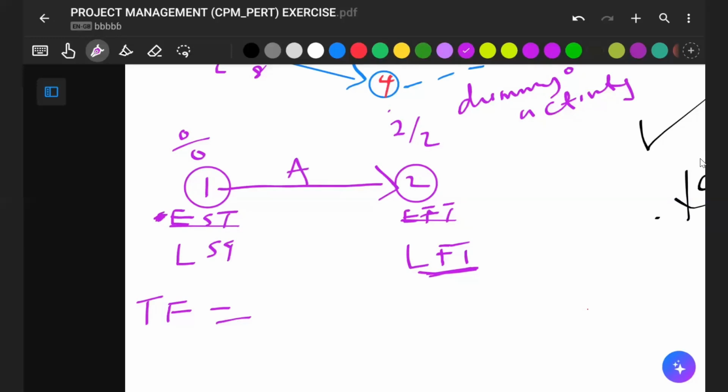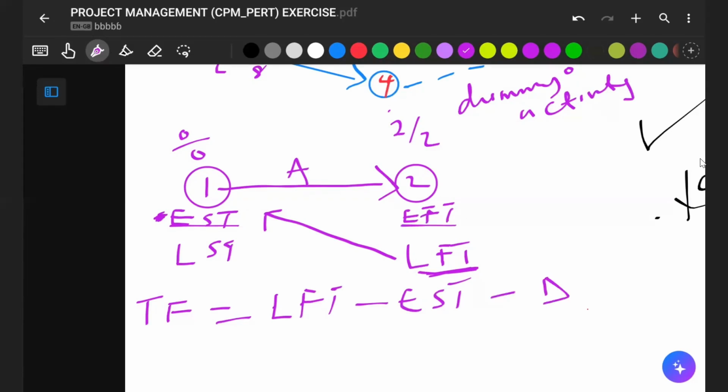So the formula for this is just simply the trick I want you to do in your mind, or if you can put it down, just draw an arrow. This is not in any textbook, I'm just giving you my own way. Draw an arrow that links this to this in your mind or in the examination for TF. Once you can link this to this, you are deducting EST from LFT, minus the duration.